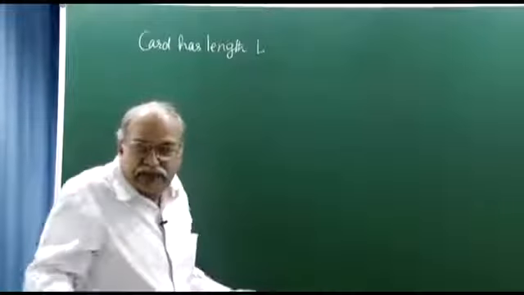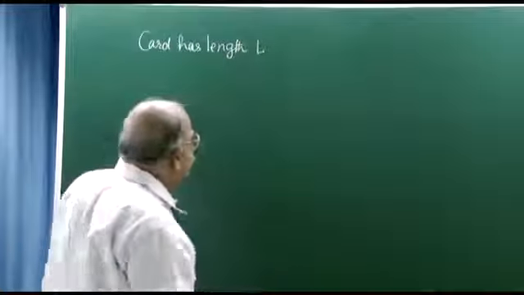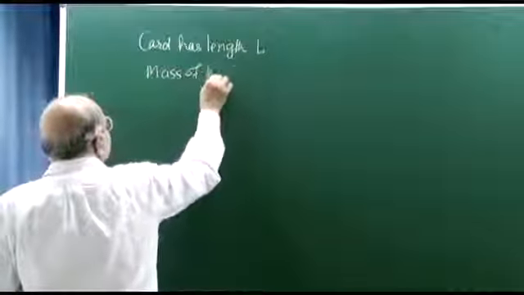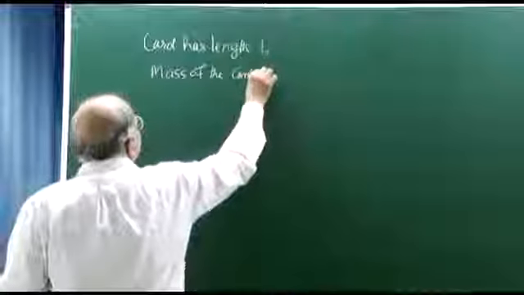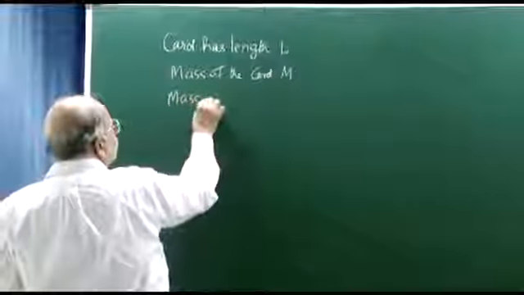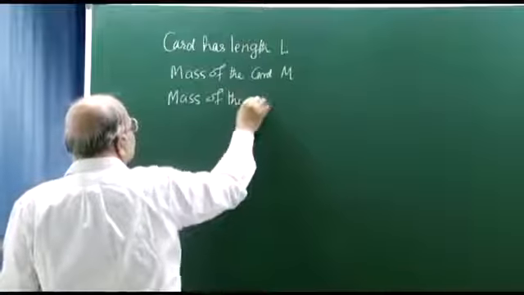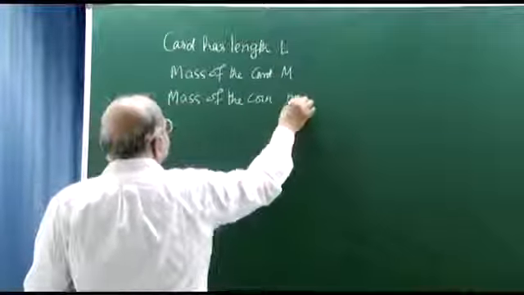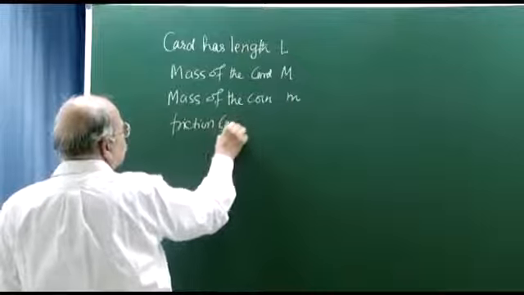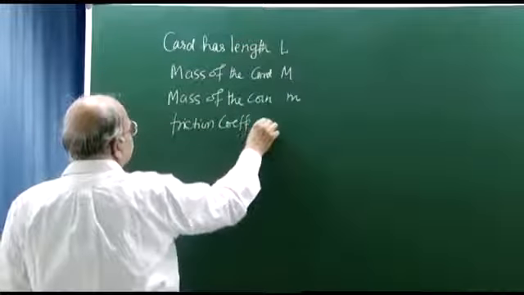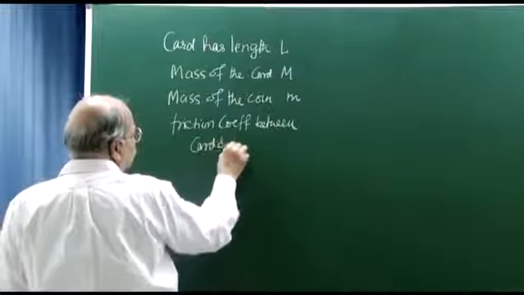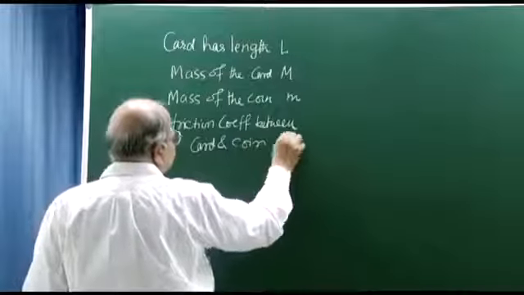When the coin finds that the card is gone away, that length is L. You take mass of the card to be, say, m, and then you may need mass of the coin, let us call it small m, then the friction coefficient between card and coin, let us call it mu.